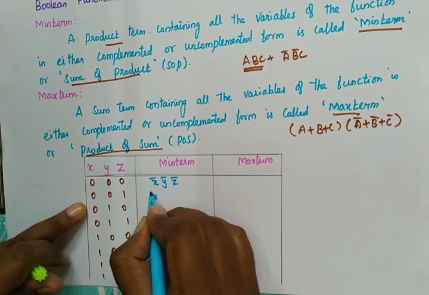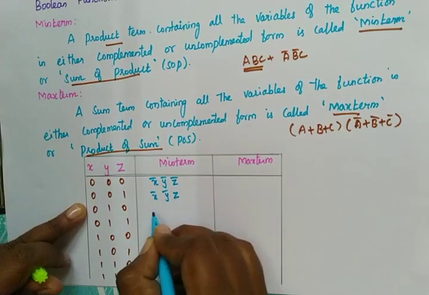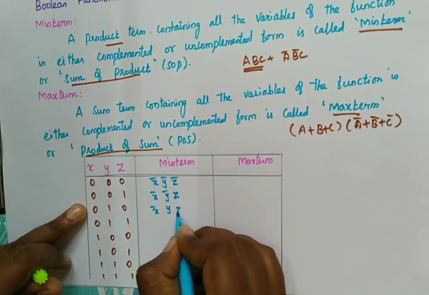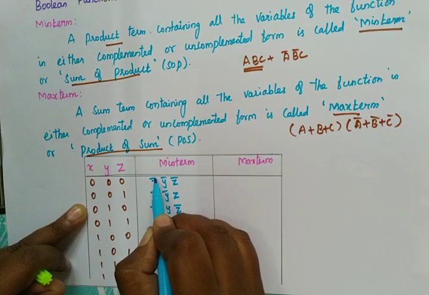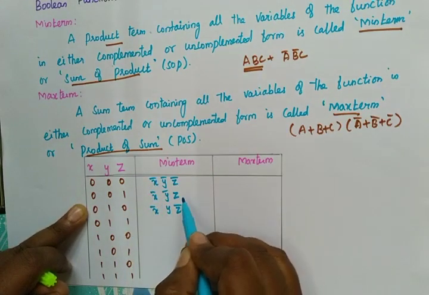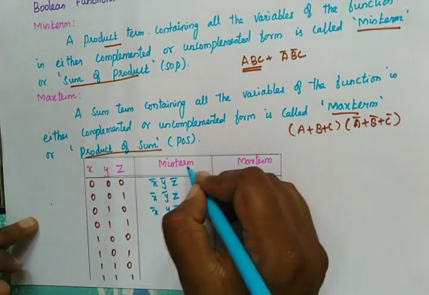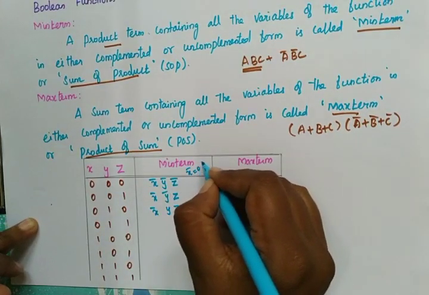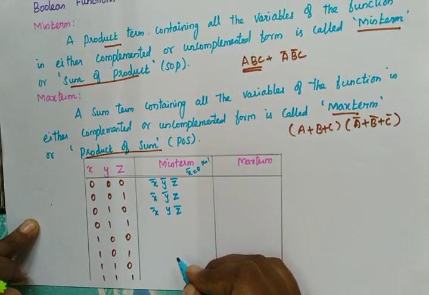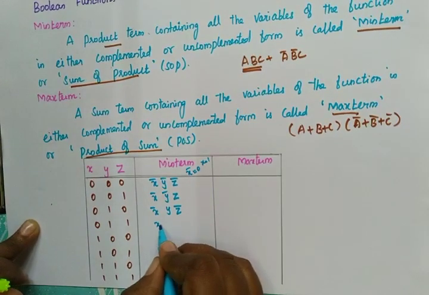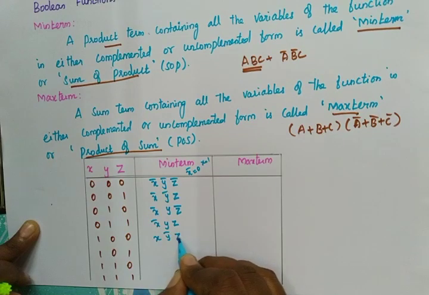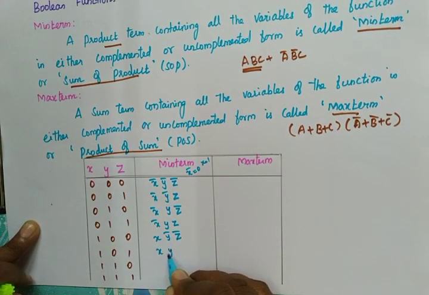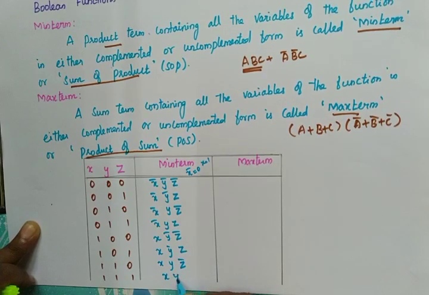Here we have x bar, y bar, z. This is x bar, y, z bar. Whereas the 0 represents x bar and 1 represents x. So here we have x bar equal to 0 and x equal to 1. So this is min term. So this is x bar, y, z. This is x, y bar, z bar. And this is x, y bar, z. This is x, y, z bar. And this is x, y, z.